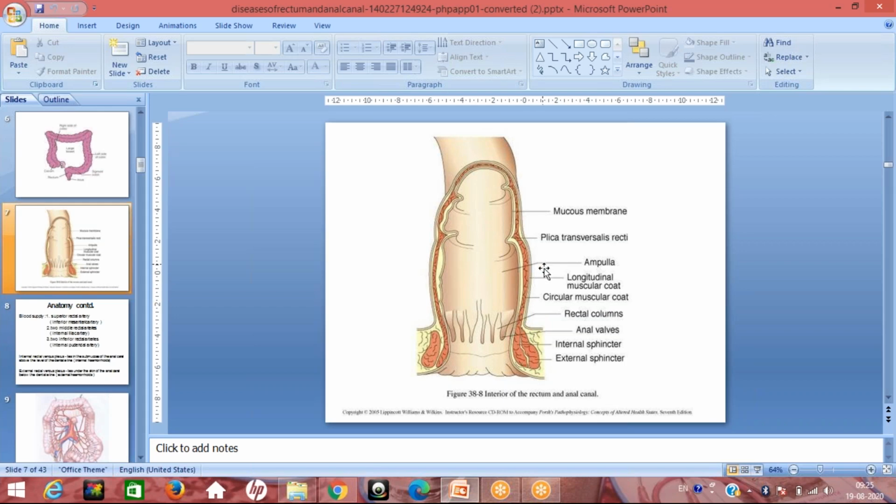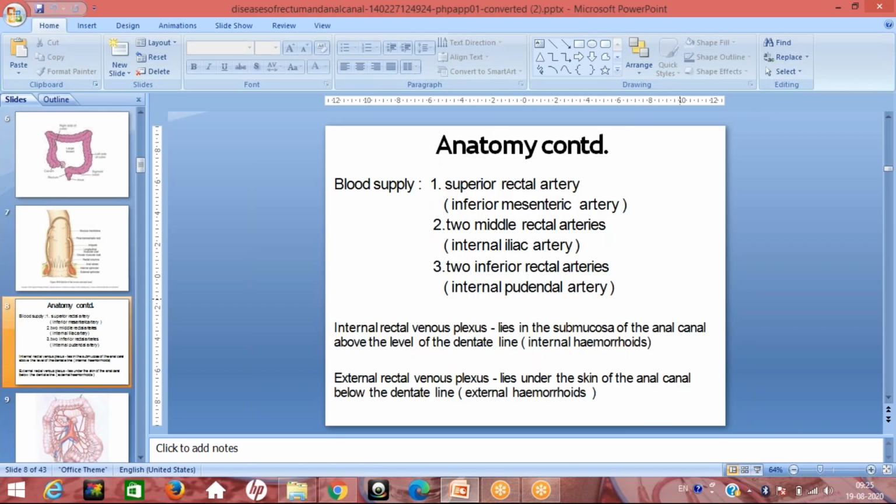and anal canal are composed of an outer longitudinal and inner circular muscle coat. For the blood supply, I already discussed it in the previous class: the superior rectal artery, the middle rectal arteries which are paired, and the inferior rectal arteries. The superior rectal artery is the final branch of the inferior mesenteric artery.